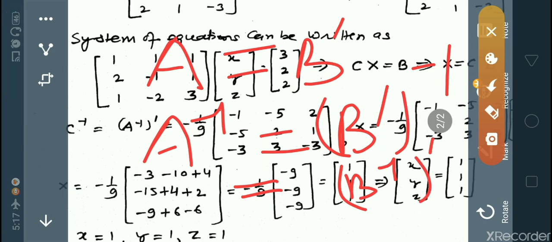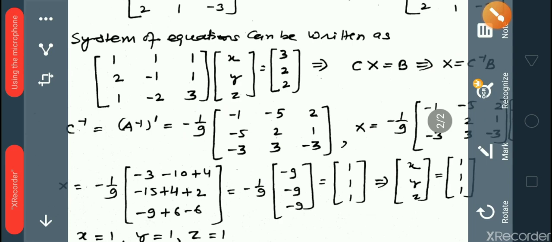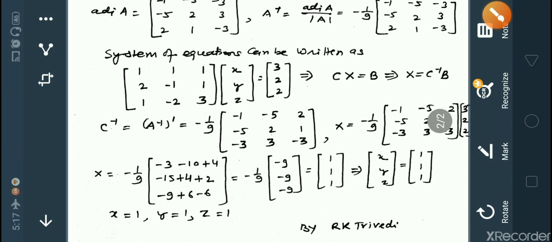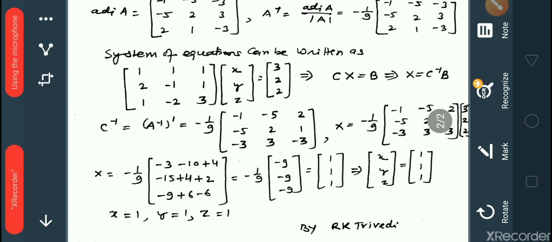So we shall use this property here, and C inverse is equal to A inverse transpose is equal to minus 1 upon 9, just putting the value of A inverse, and after solving all this you will get x is equal to 1, y is equal to 1, z is equal to 1.